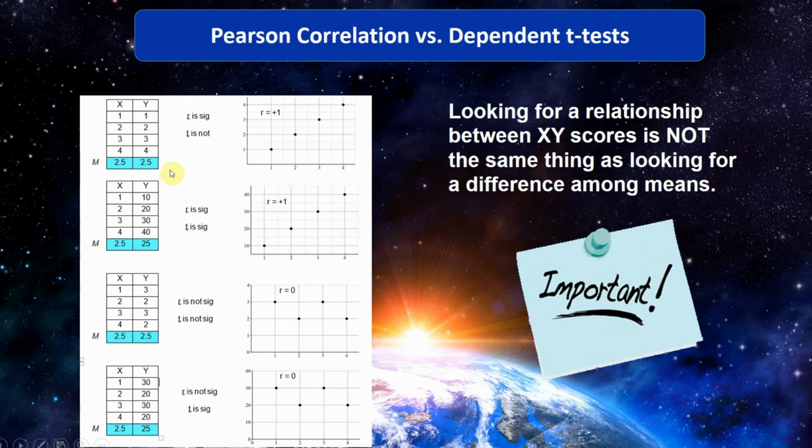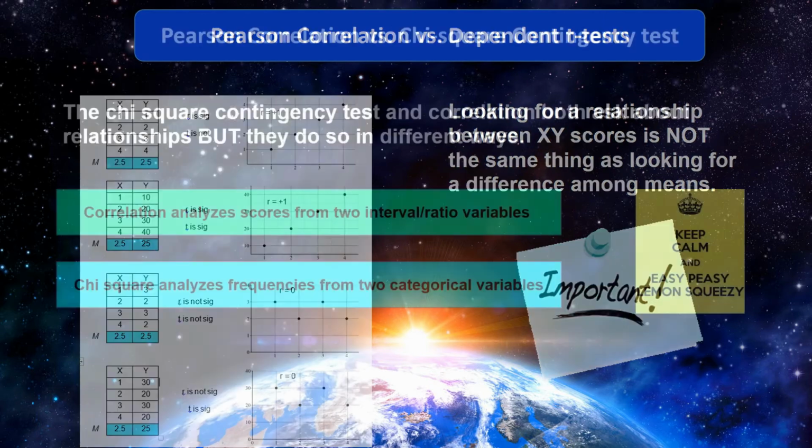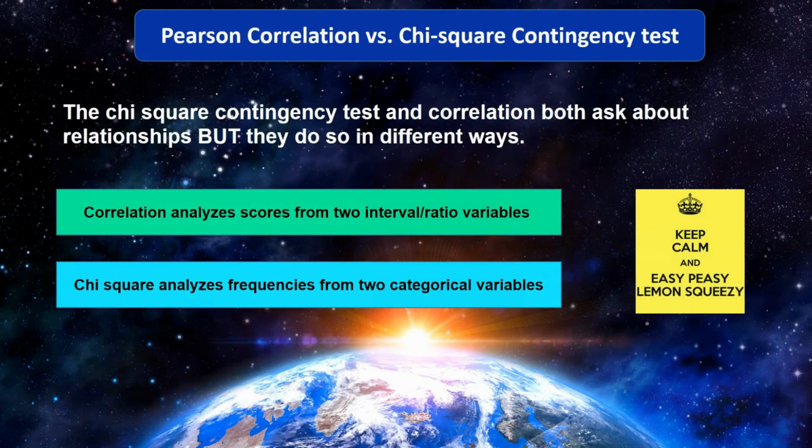I am just showing you this to help you see that correlation asks questions about scores, dependent t-tests ask questions about means, and these are two separate, unrelated questions. Okay? Now, let's move to the next source of confusion.